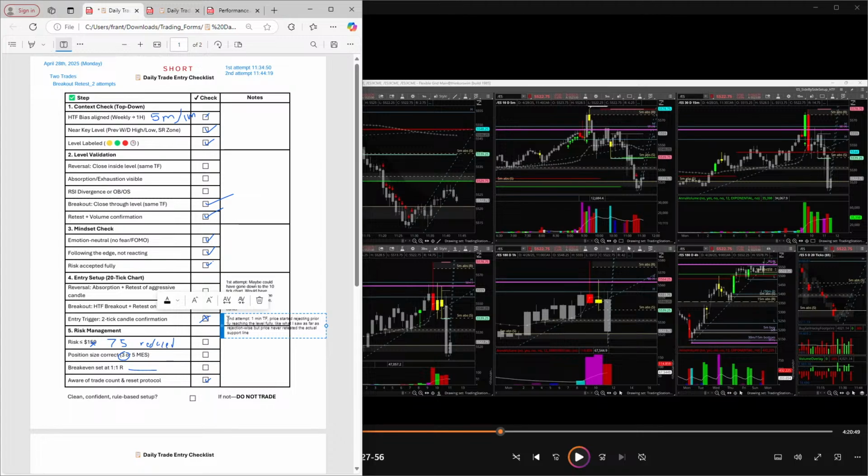But price did eventually come back to reinvestigate the support line area, then sold off a second time. That's exactly how that trade worked out. Alright, just like that.